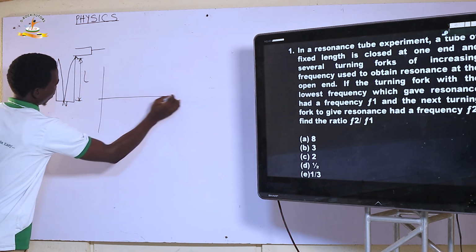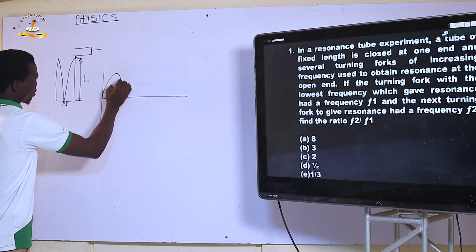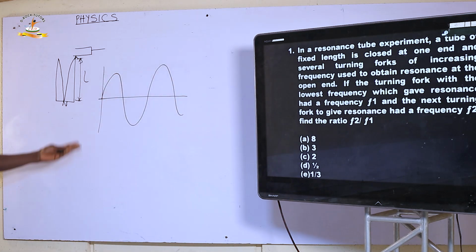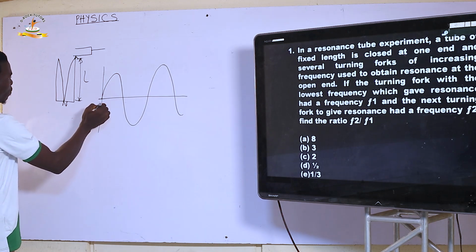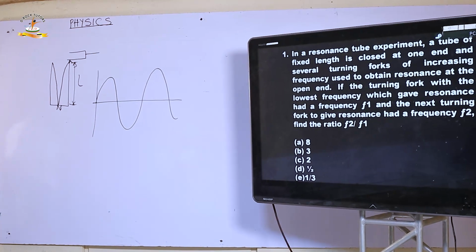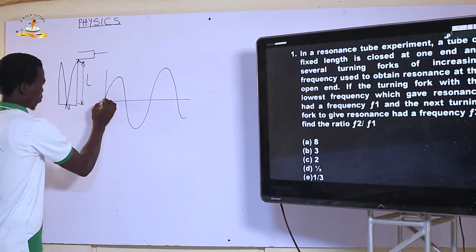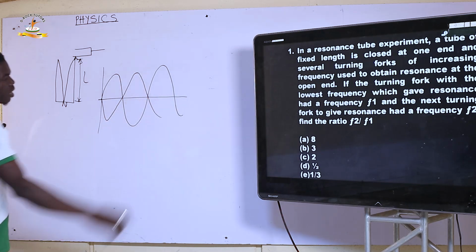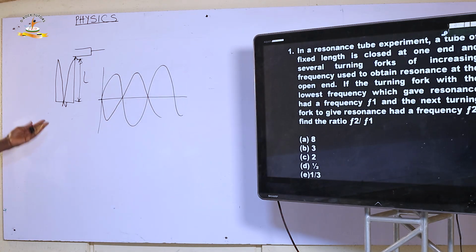Let a traveling wave be like this, and we look at another wave that is moving perpendicular to this wave. And let's superimpose them, and we have something like this. Maybe it's going to look a bit more sensible to you now.